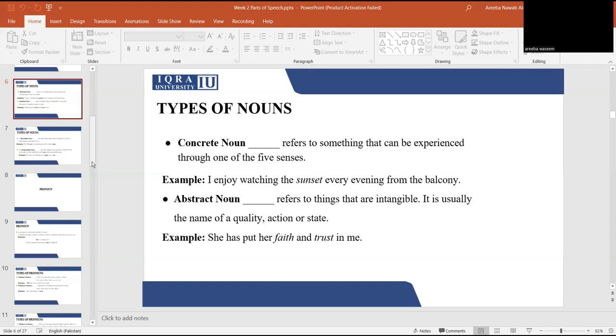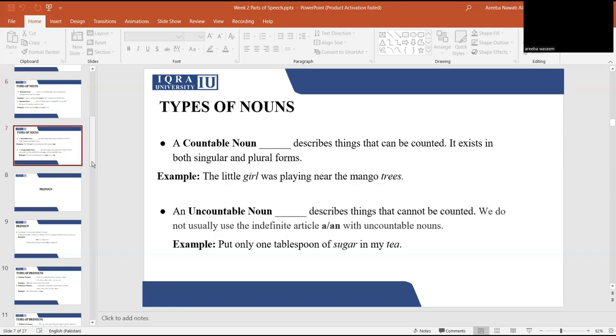Here, faith and trust both are things that you can feel, but you cannot see or touch them. There is no physical existence of faith or trust, but there is an existence of them that you can feel. So these are called intangible things, and anything that refers to an intangible thing is called an abstract noun. Okay. The next are countable noun and uncountable noun.